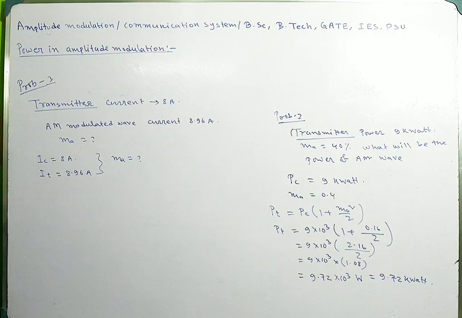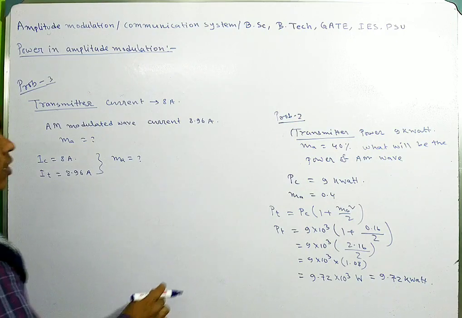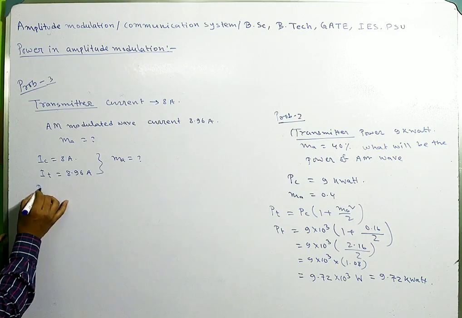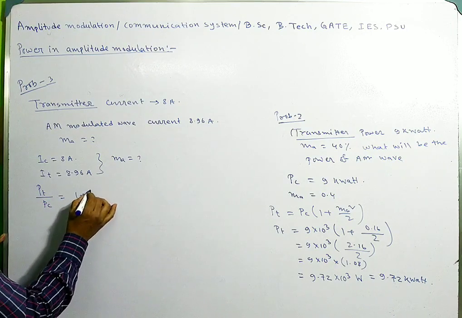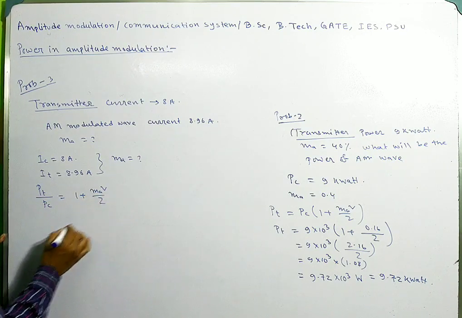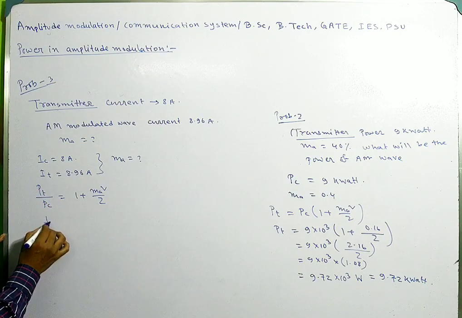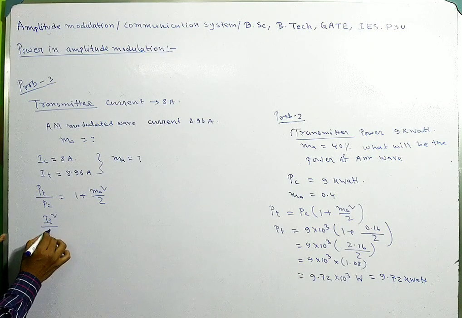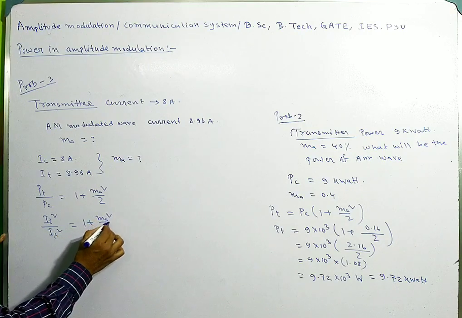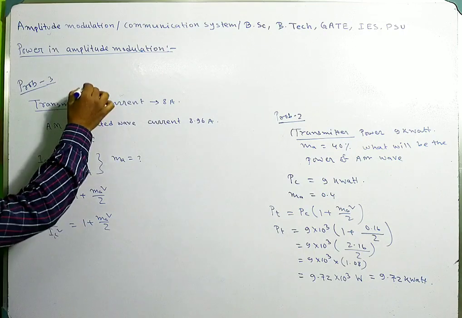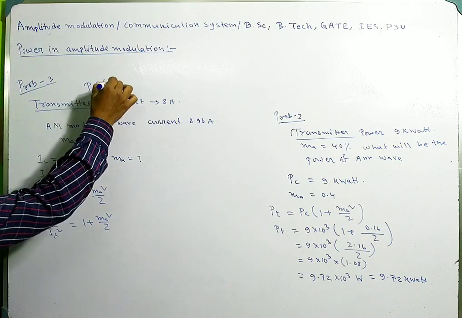So we know that PT by PC is equals to 1 plus MA square divided by 2. So this can be written as IT square divided by IC square equals 1 plus MA square by 2, because P is proportional to I square.